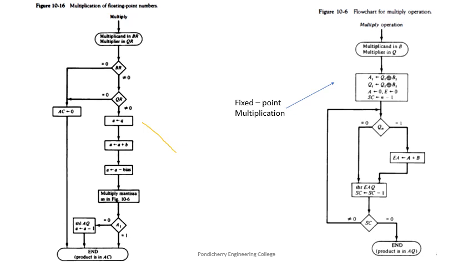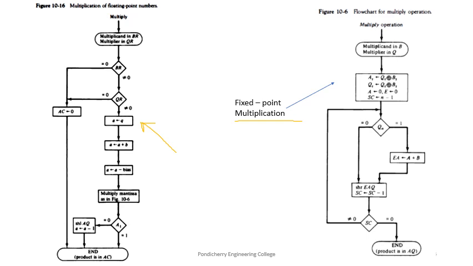This diagram shows the multiplication algorithm in hardware for the floating point case. The fixed point multiplication algorithm, which we discussed earlier, is also shown here for comparison. If we observe the two, we can see it's very similar except for the difference in the exponent part.